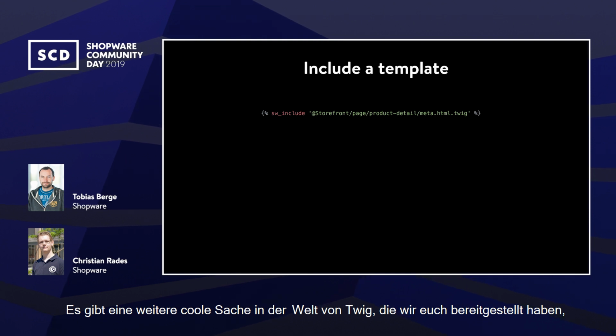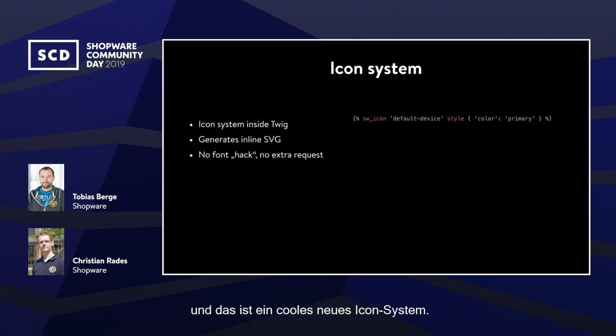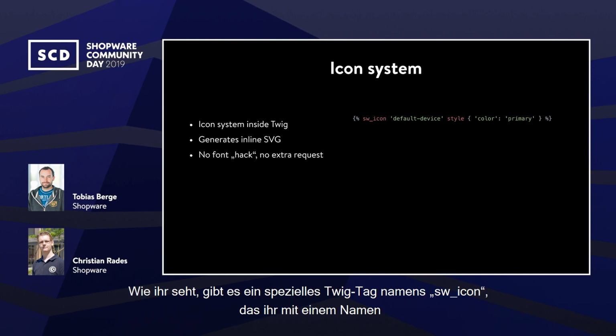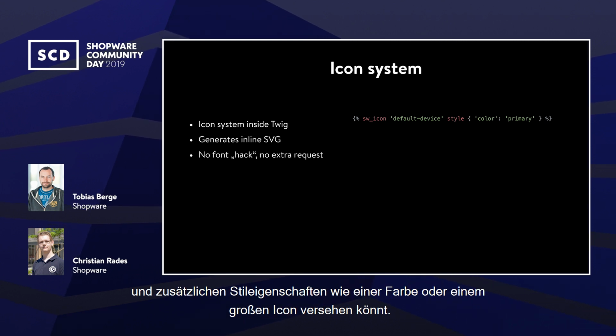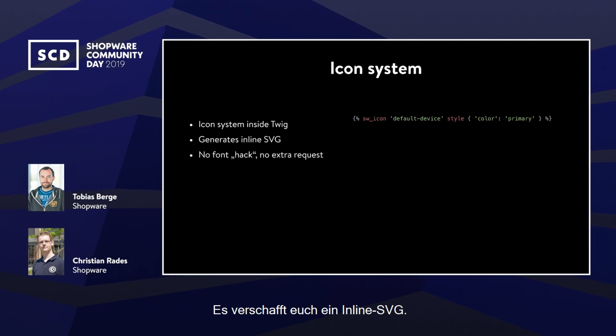There's one other cool thing in the Twig world we have provided to you, and this is a new cool icon system. As you can see, there is a custom Twig tag called SW icon, and you can give it a name and some additional styling properties like a color or large icon and all sorts of stuff. What this actually gives you is an inline SVG.